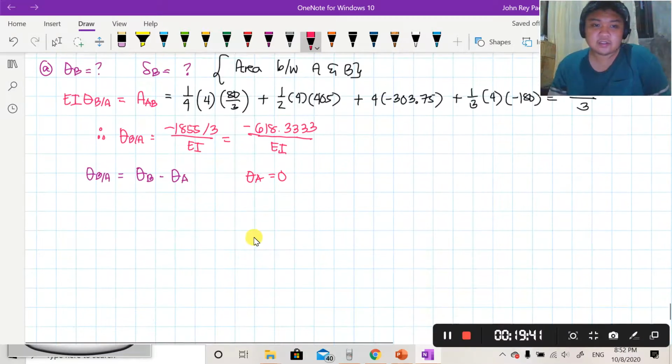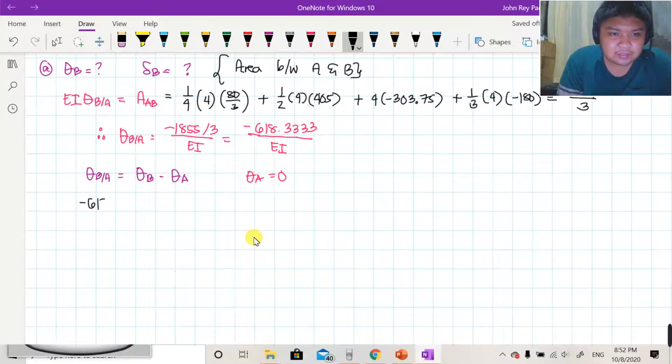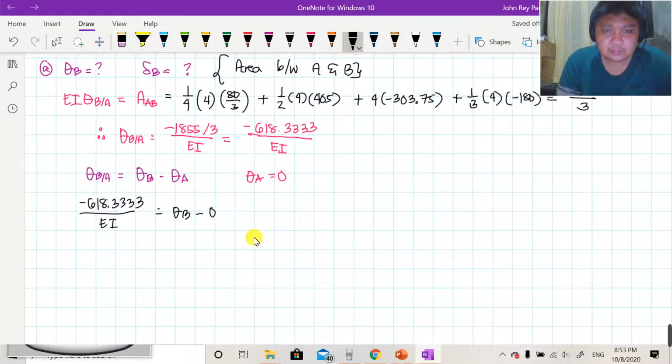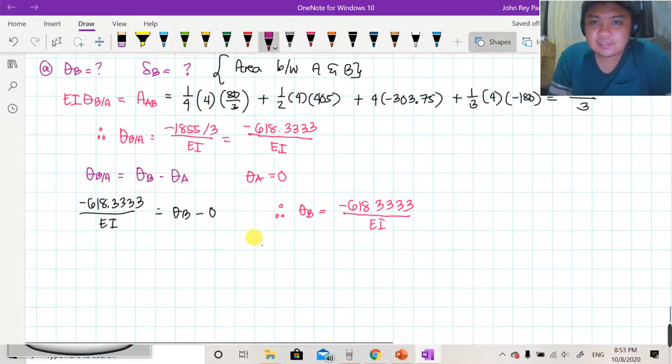Okay, so therefore, pag sinubstitute natin siya, magiging negative 618.3333 all over EI is equal to theta B minus 0. So, formality lang naman ito, class. Pwede na natin sabihin that theta B is equal to negative 618.3333 all over EI. So, negative slope siya, class.